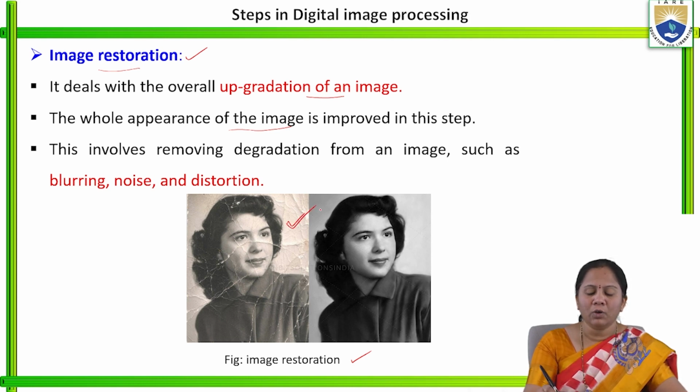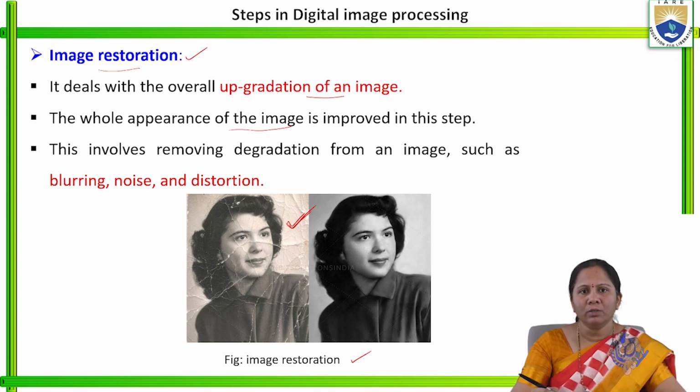Some of the information in this image has been lost. This is an example of a degraded image, we can call it a degraded image. Some of the information is lost in this image.